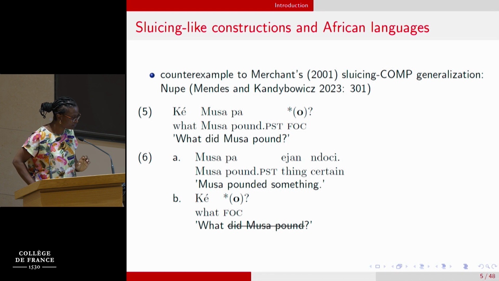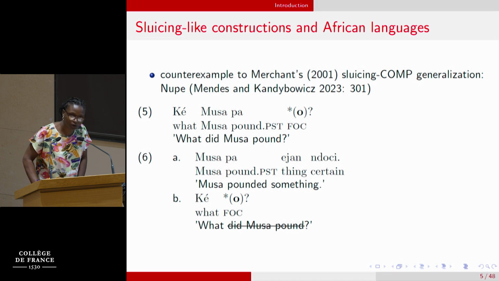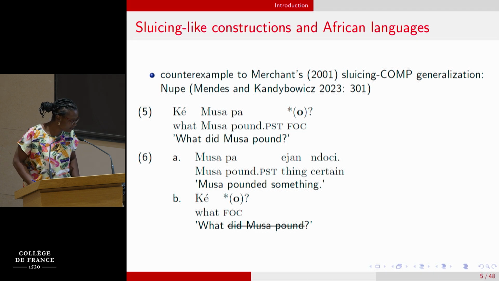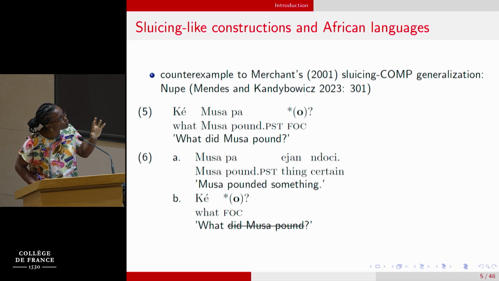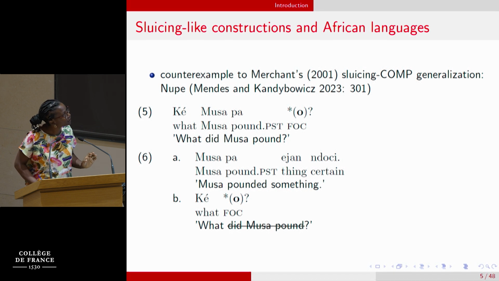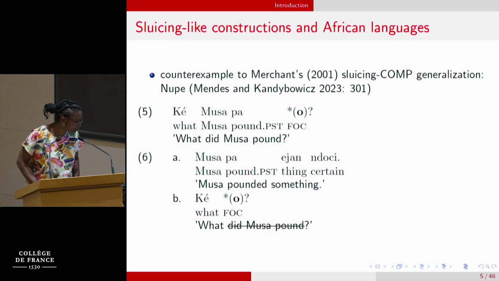The examples in 5 and 6 are from Mendes and Kandybowicz on Nupe. Example 5 shows a non-elliptical construction where in Nupe, you always have this clause-final o, which they analyze to be the focus marker in the language.